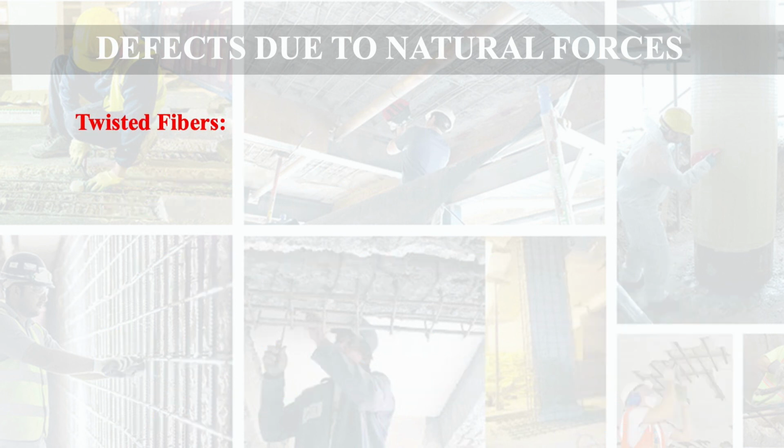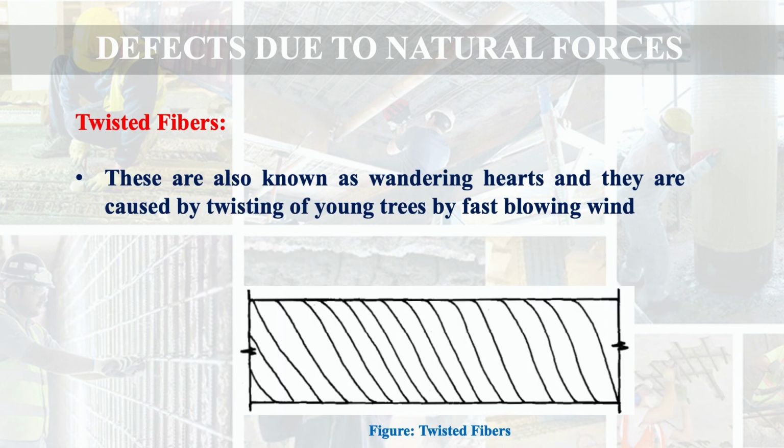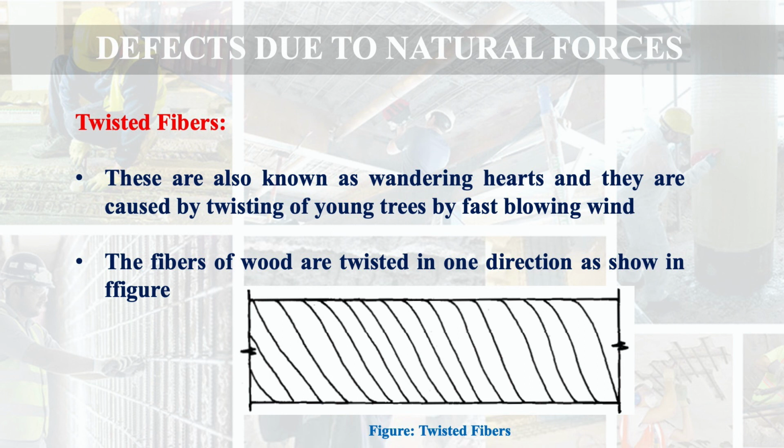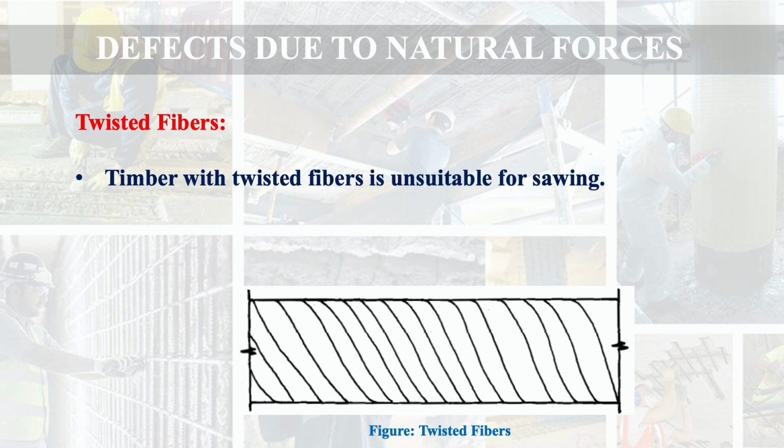Then twisted fibers. These are also known as wandering hearts and they are caused by twisting of young trees by fast blowing wind. The fibers of wood are twisted in one direction as shown here in the figure. You see the twisted fibers. Timber with twisted fibers is unsuitable for sawing.